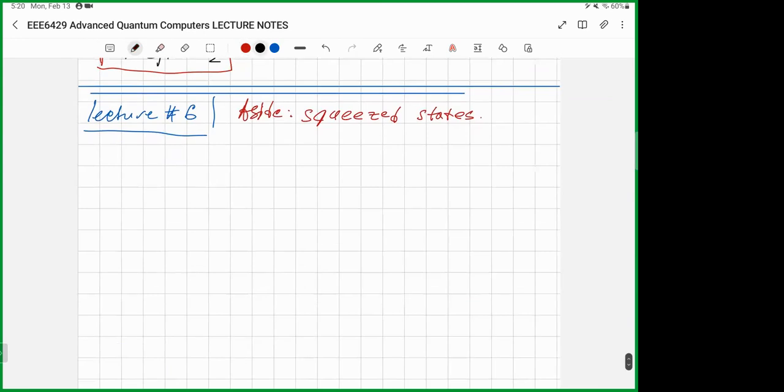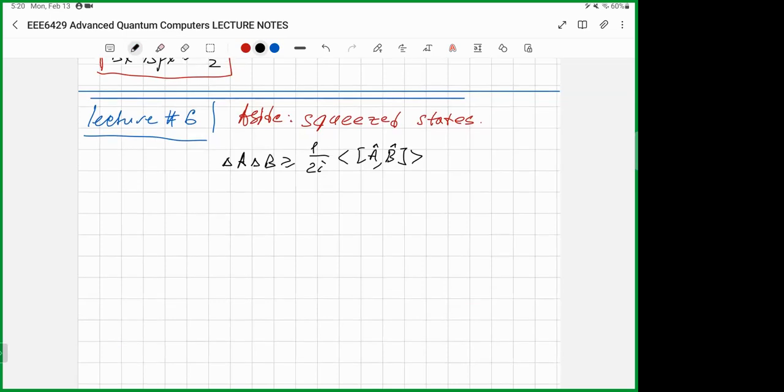So let's write down this general uncertainty relation, with 2i, and then the expectation of the commutator of two operators.